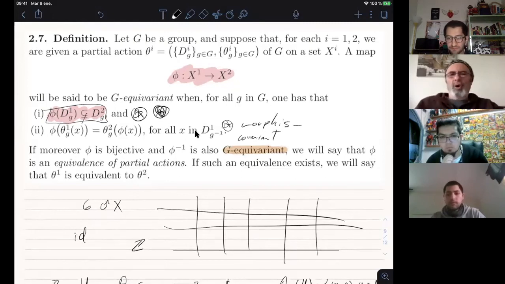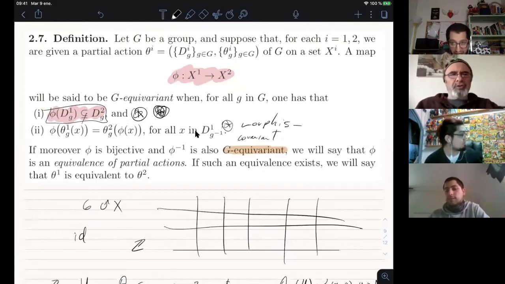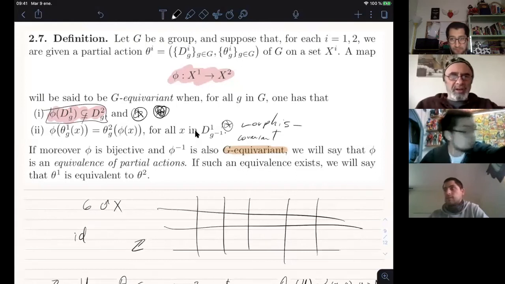If you don't know, we will not spend time on this. I don't really know, but I am tempted to think that the answer is yes. I also think so. So the difficulty now is because of the domains, because partial actions are too complicated.